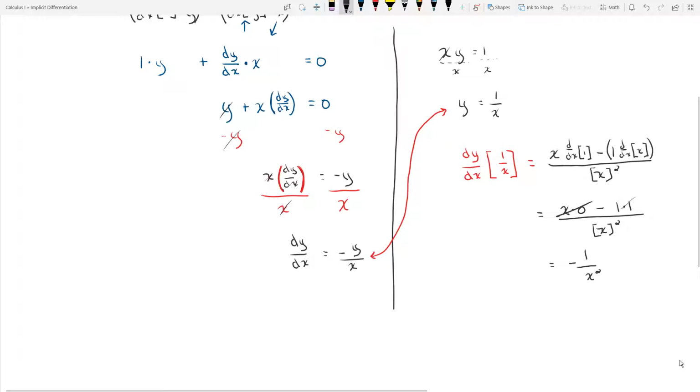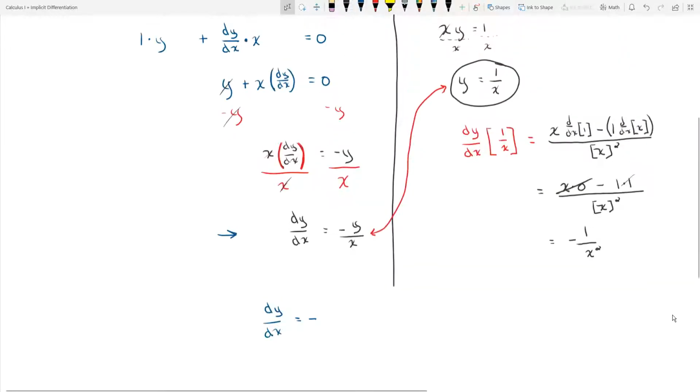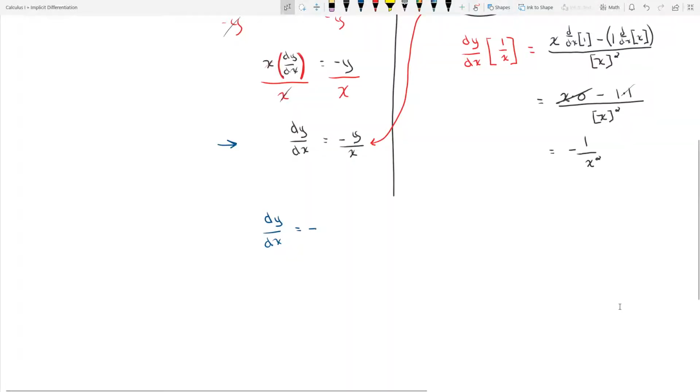So let's take a look at how these are the same. Remember I said that y equals 1 over x. Well, let's substitute that back in for the implicit form. We're going to say that dy/dx is equal to negative, and we had y is equal to 1 over x, so we substitute in 1 over x for y, over x.